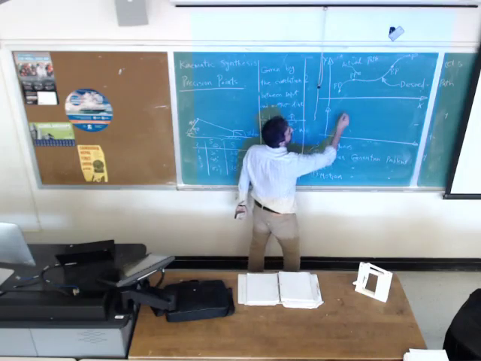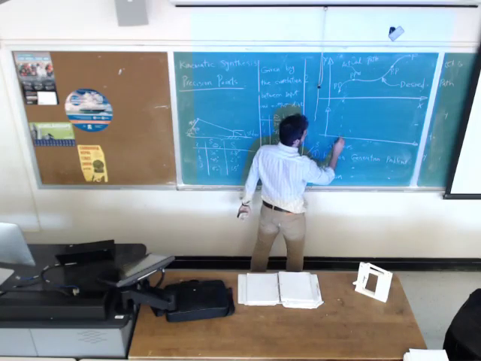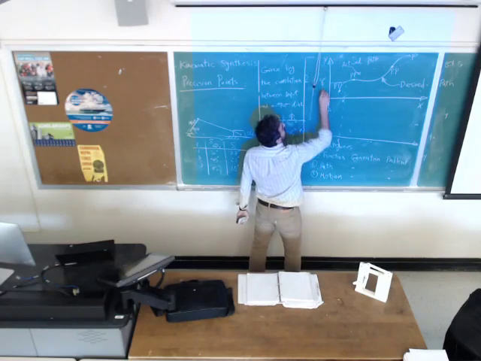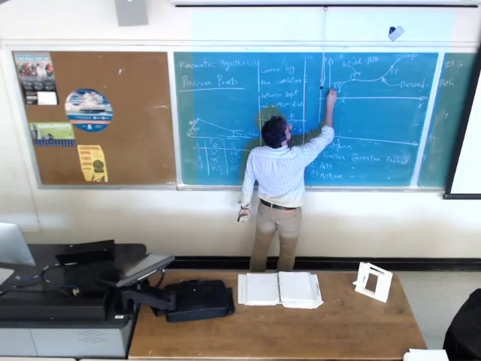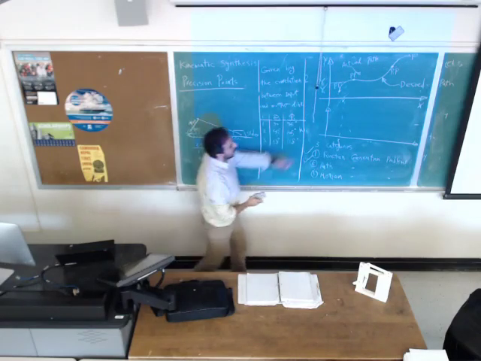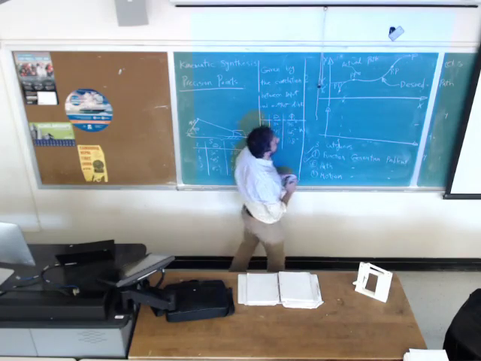So for example, at point x1, I was supposed to get this y1, but I got y prime 1. So at x1, instead of getting y1, I could generate y prime 1.